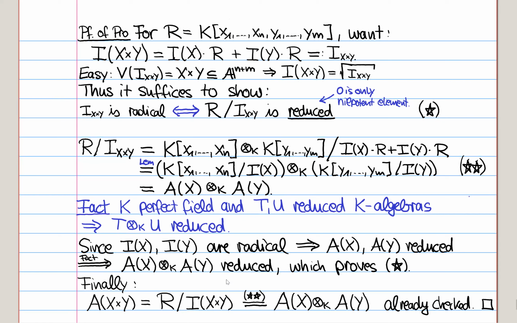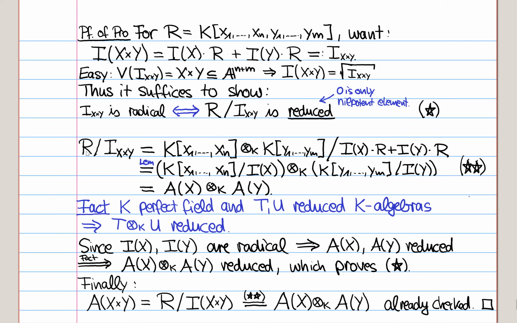And then we have fulfilled all of our debts. We've shown this is radical, and so indeed we have proven the first part, that the ideal of X cross Y is this particular sum of ideals. And then finally, we did already compute this ring here, because this ring by definition is just the ambient coordinate ring modulo the ideal.